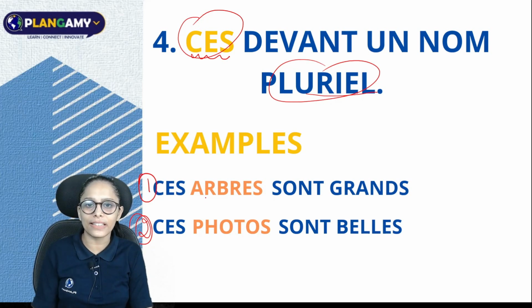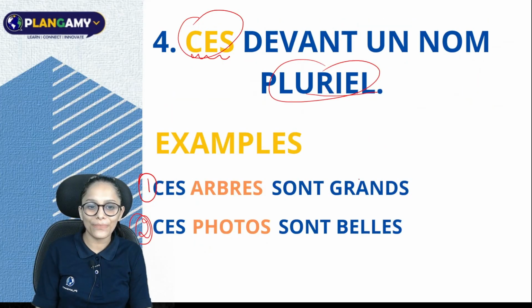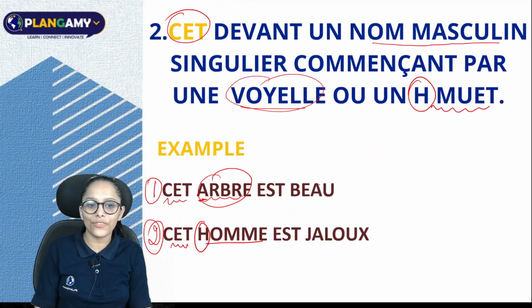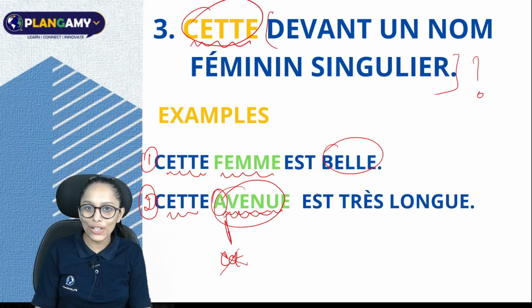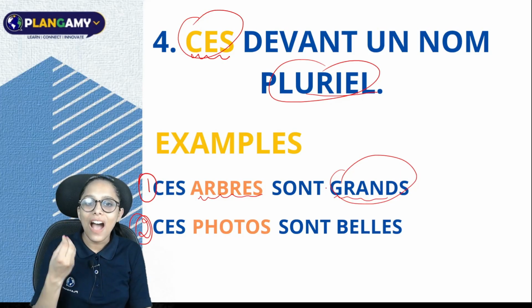Again the same sentence that we learned earlier: cet arbre est beau. Now here, ces arbres sont grands. There's a little difference. Last time we used beau, that is beautiful, but here we are using grand, which means big. So arbres, because it is plural, we have to use ces. Ces arbres sont grands. These trees are big.